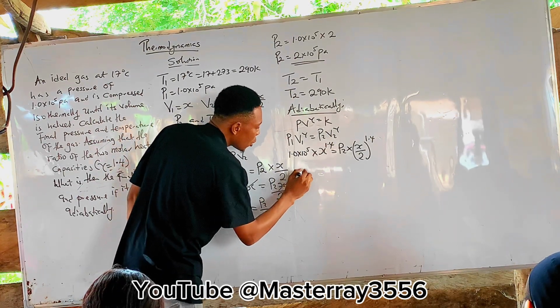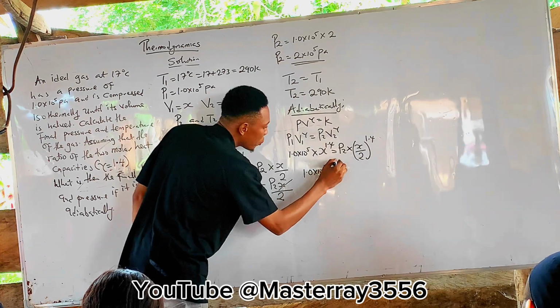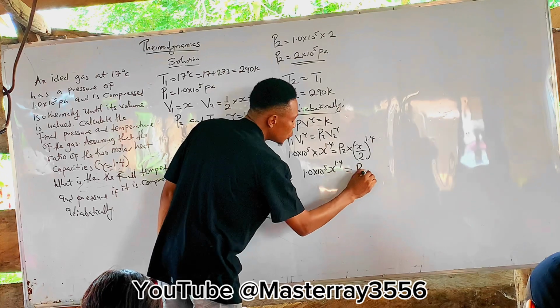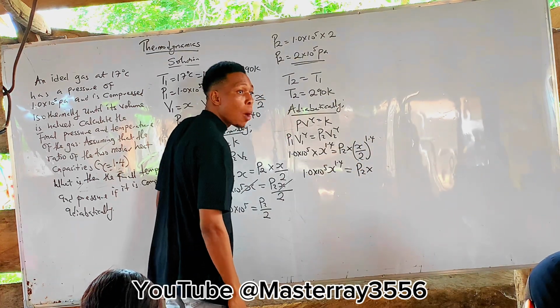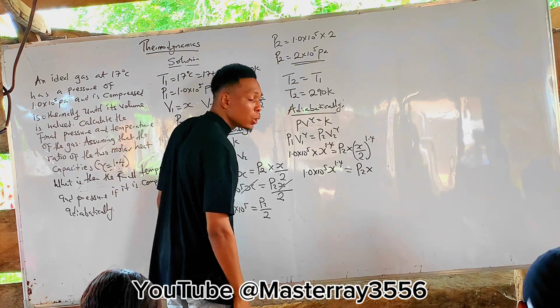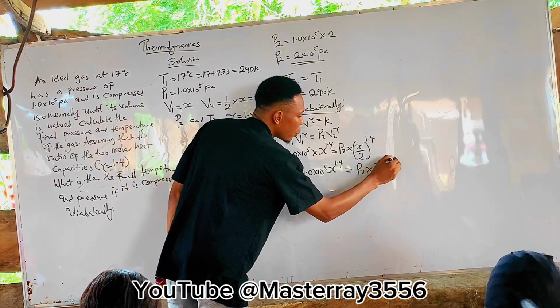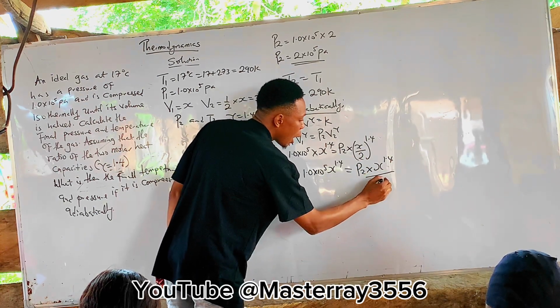What do you have? 1.0 times 10 raised to power 5 X^1.4, is it not? Then equals P2 times, don't forget, everything inside this bracket is raised to 1.4. Are you following? So X^1.4 all over 2 raised to power 1.4.